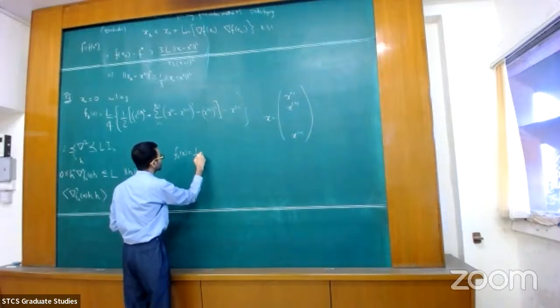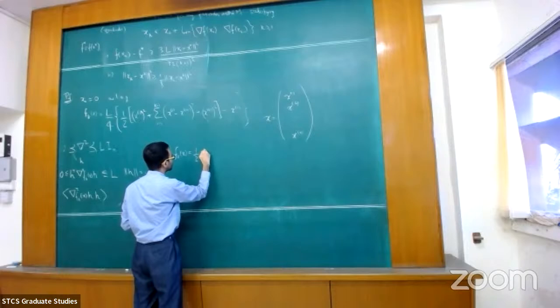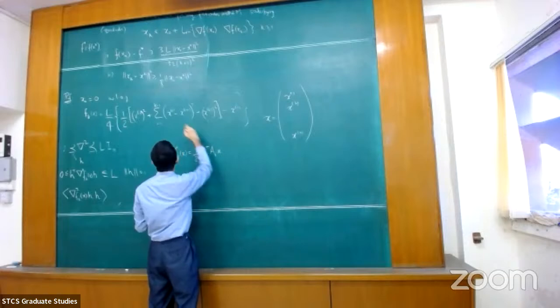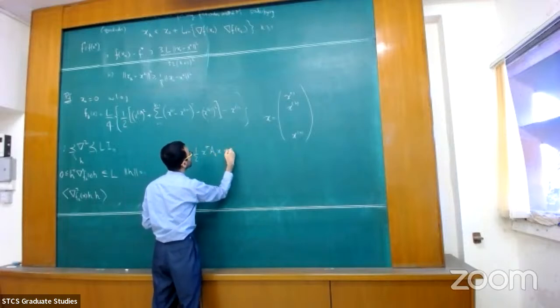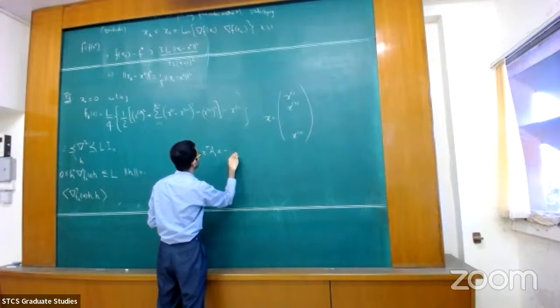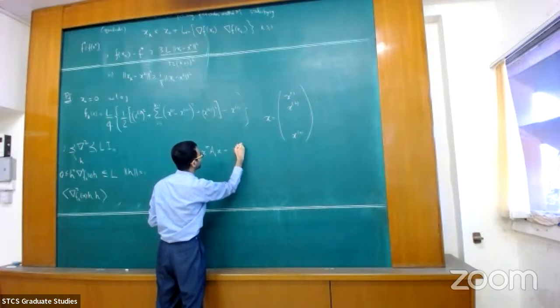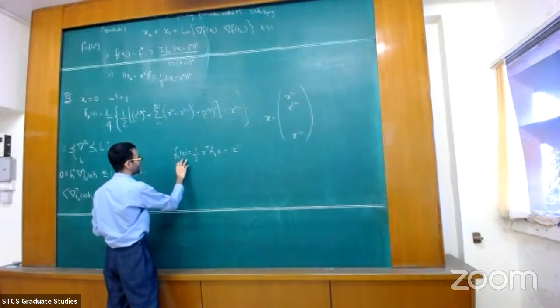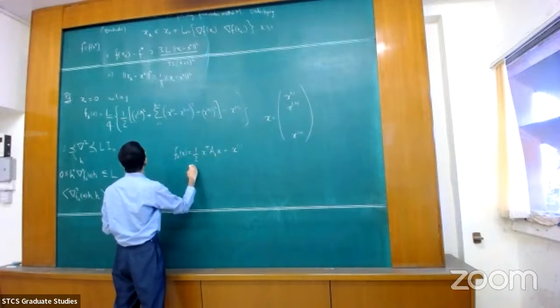some x transpose Akx minus something. Okay, so fk(x) looks something like this, and there's an L by 4.